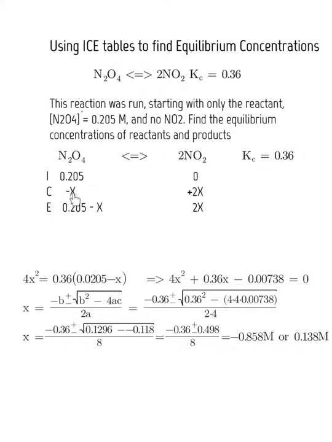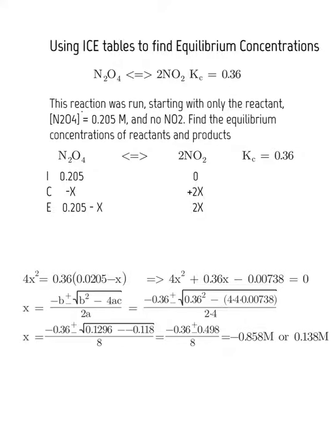So we lose X, 1 mole, 1X, and we gain 2X, and that's 2 times X because we're forming 2 moles of NO2. Now, if we add our initial and our change, we're going to get 0.205 minus X for N2O4. And then for NO2, we're going to get 2 times X at equilibrium.